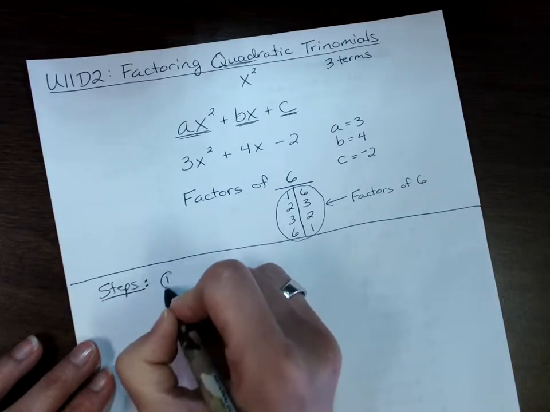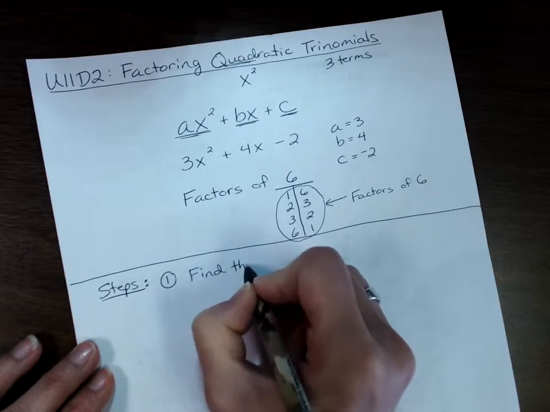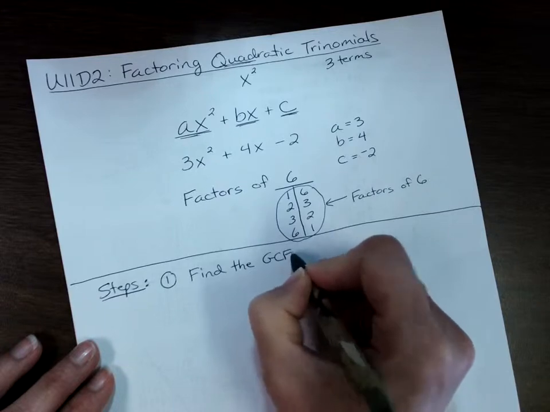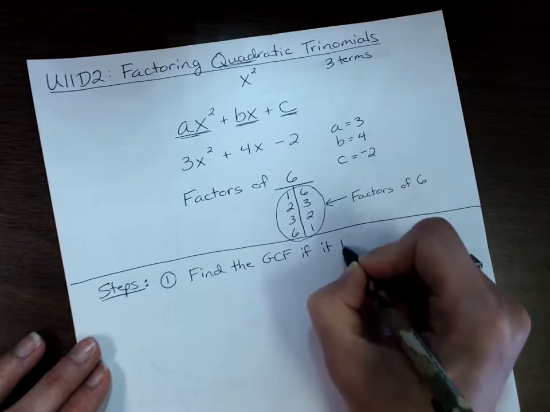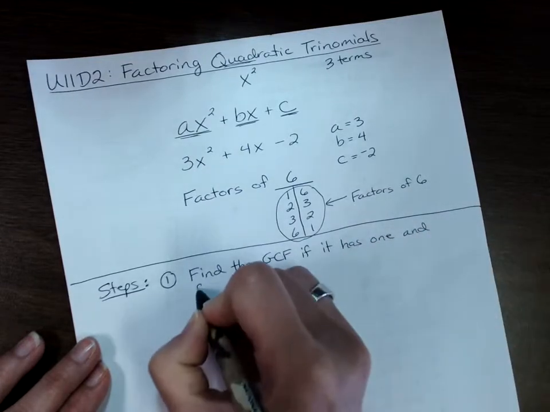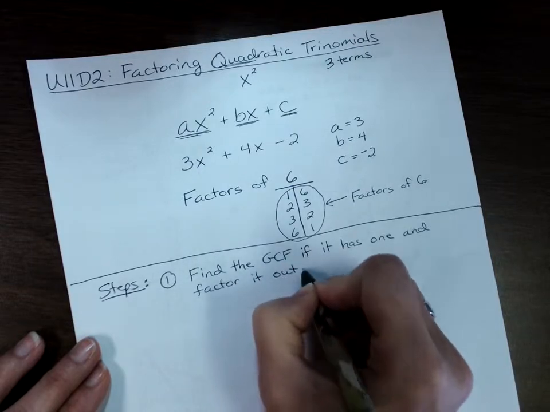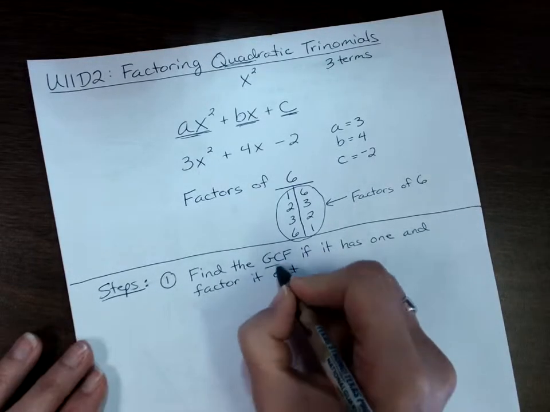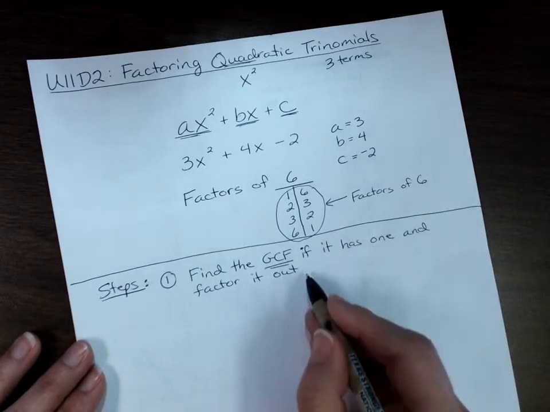So step 1 is to find the GCF if it has one, and factor it out. That's the first thing, and you learned how to do that last period.